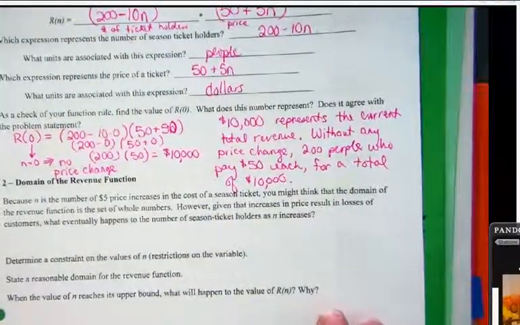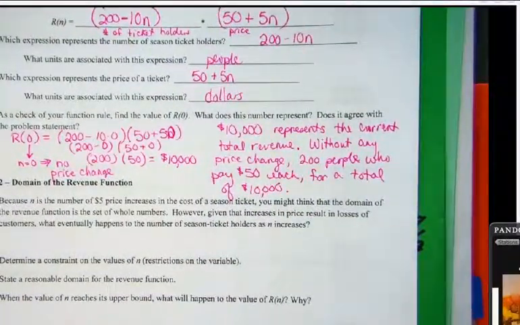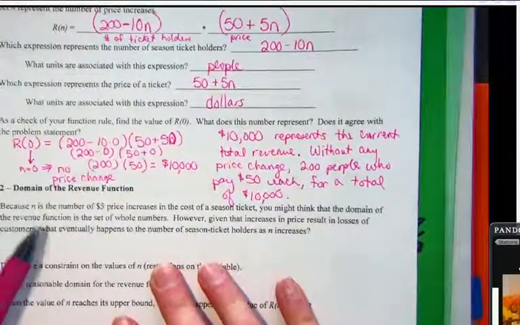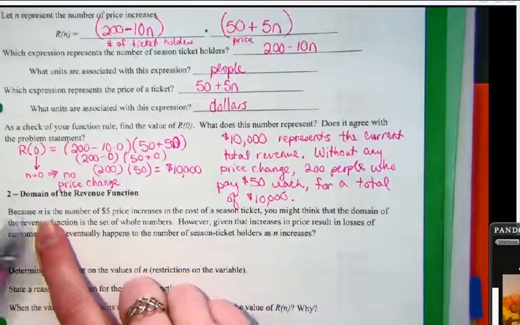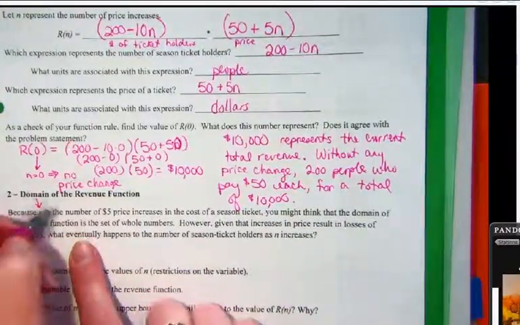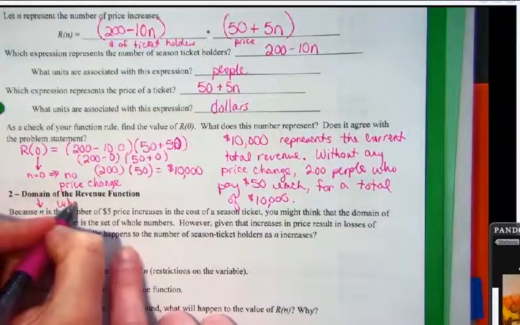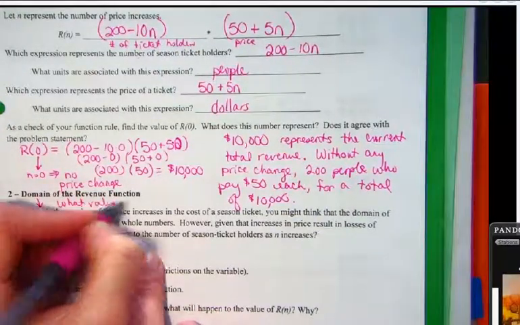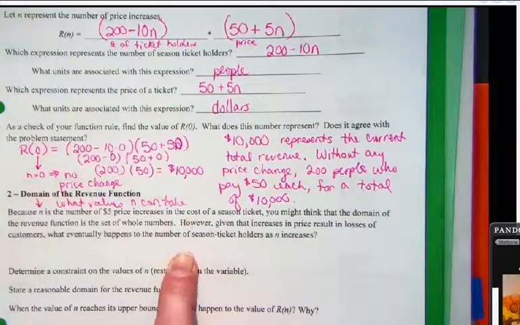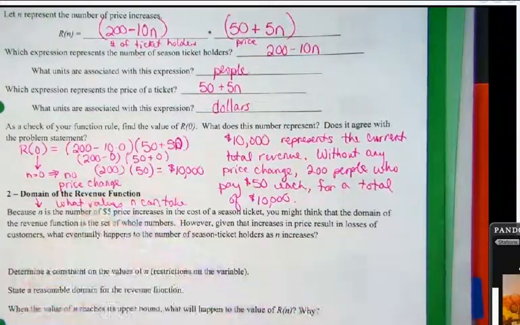So let's scooch down here and think about the domain of this function. Domain is usually telling us about our x value. It's our independent variable. Here, our domain is referring to what possible n values we can take. We're going to have some limitations on it.